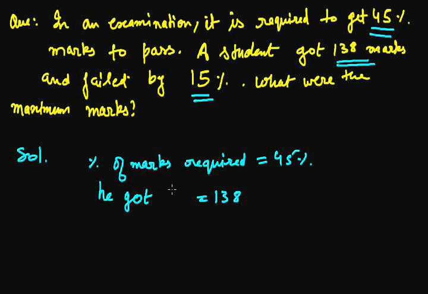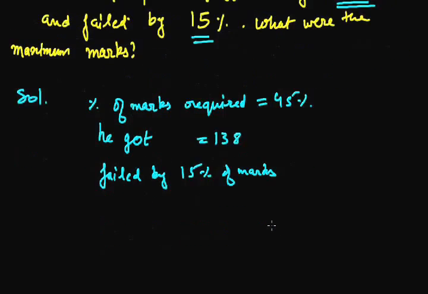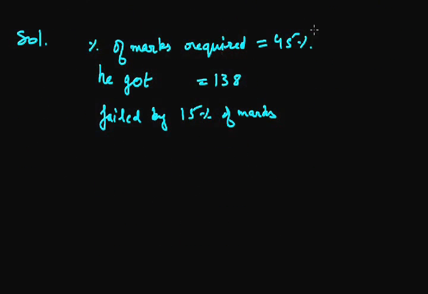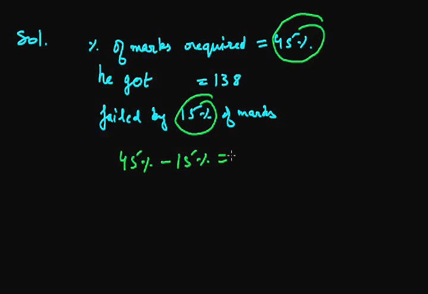He got 138 marks and he got 15% less marks, or we can say he failed by 15% of marks. That means he needed 45% of marks and he is short by 15%. So that means he has got 45% minus 15%, that is 30% of marks.